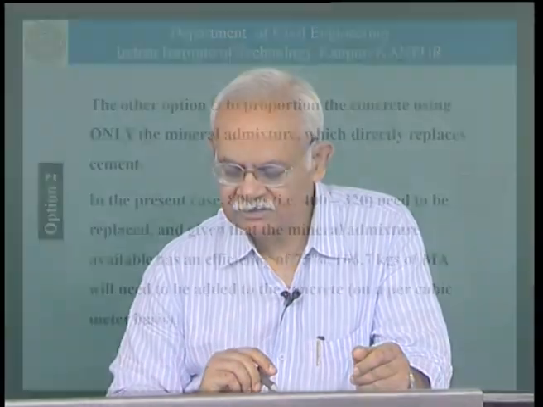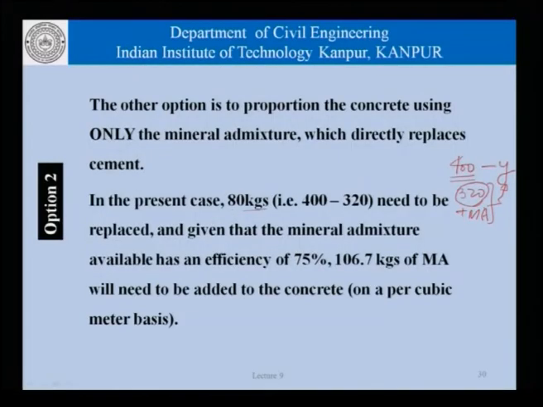So, in the present case, we need to replace 80 kgs of the cement, which is 400 minus 320, and given that the mineral admixture available has an efficiency of 75%, 106.7 kgs of the mineral admixture will be needed to be added to the concrete on a per cubic meter basis. So, we were using 400 kgs per cubic meter of cement.